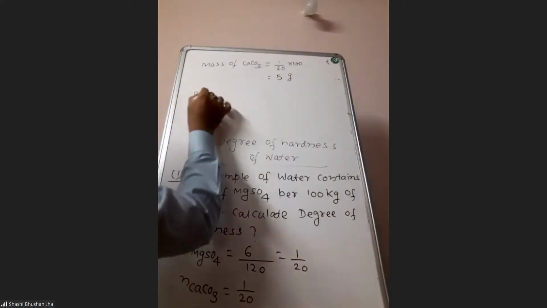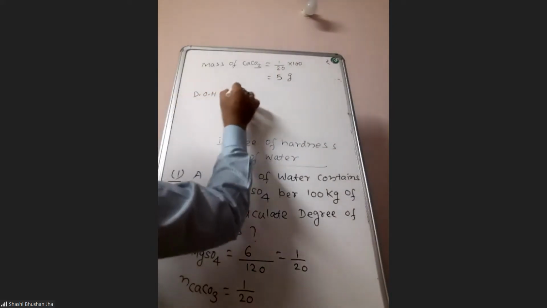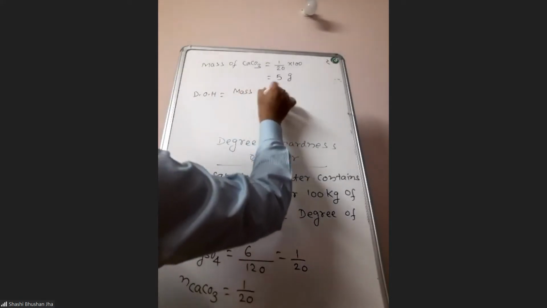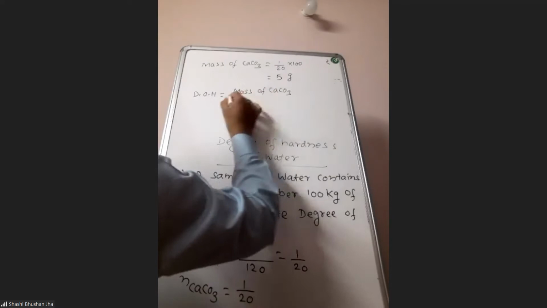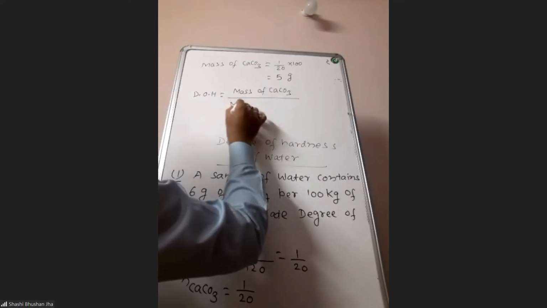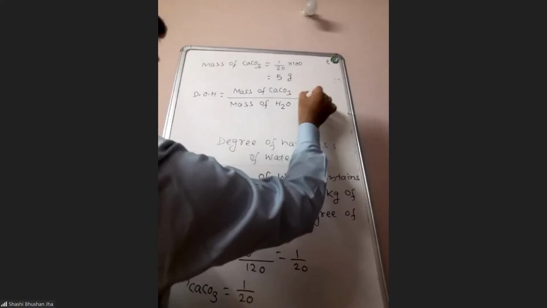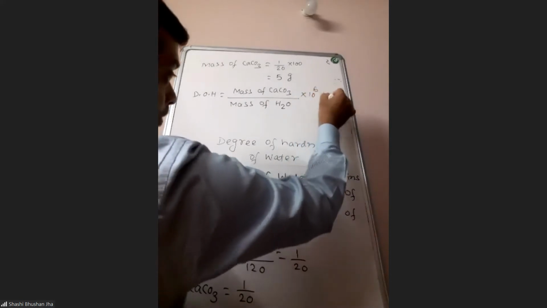Now degree of hardness, you know the formula. This is the mass of calcium carbonate divided by the mass of water into 10 to the power 6 ppm.